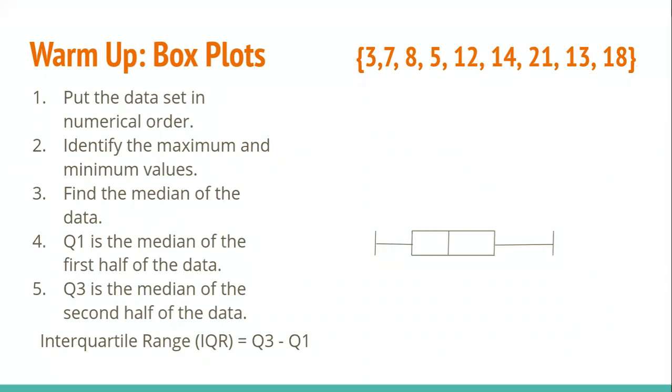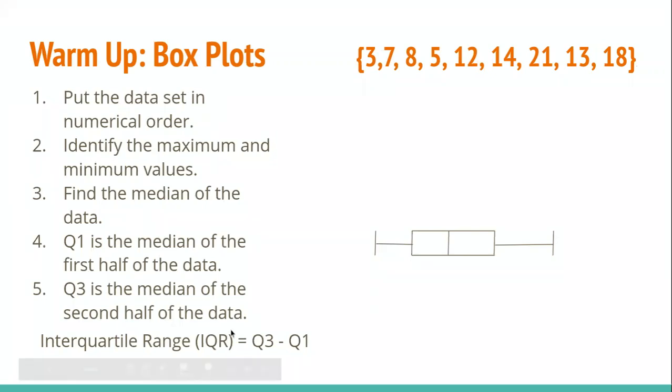We are doing this warm up that we are about to talk about. So now, ladies and gentlemen, a box plot goes by a couple names. Well, it goes by another name, which is a box and whiskers.